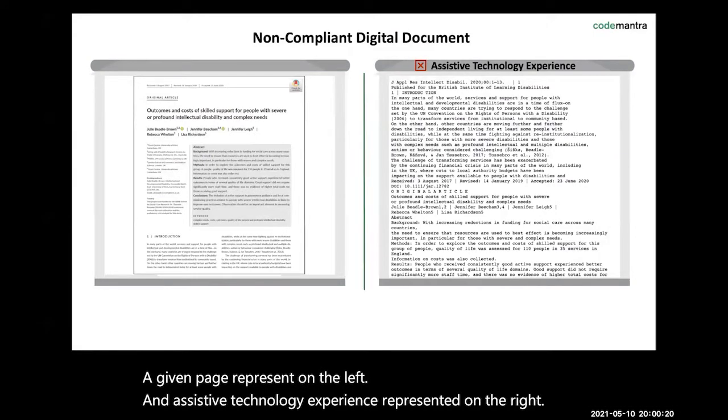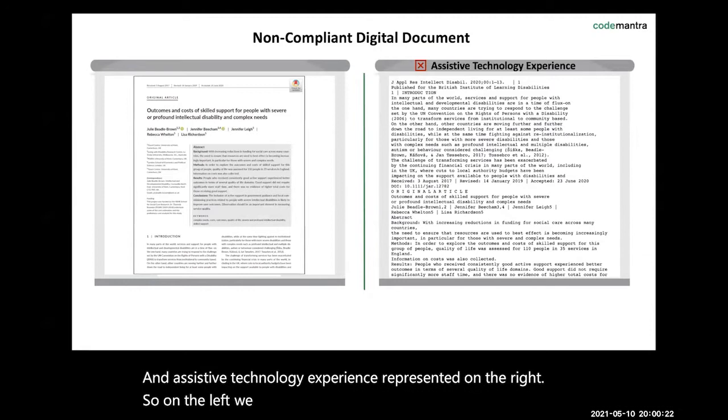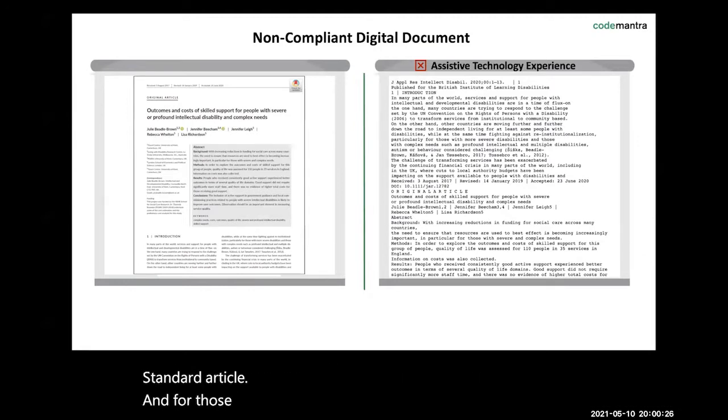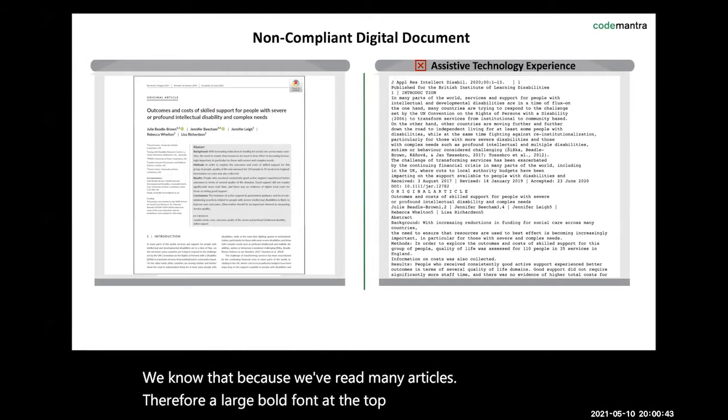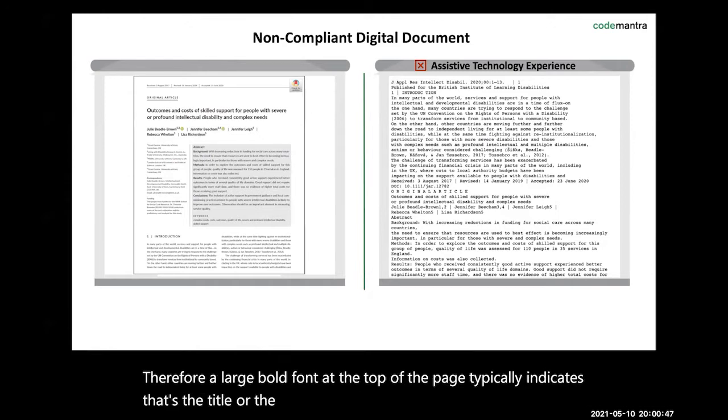On the left, we can see a PDF, a standard article, and for those of us who can read it, we just understand that the title starts with outcomes and costs of school support. We know that because we've read many articles. Therefore, a large bold font at the top of the page typically indicates that's the title or the beginning of a particular article.